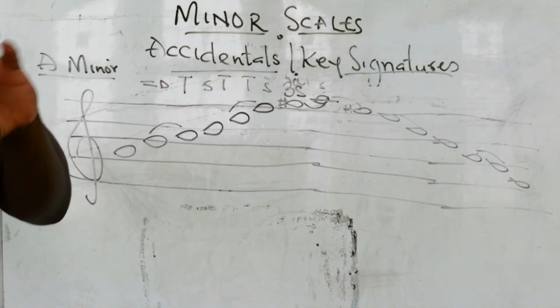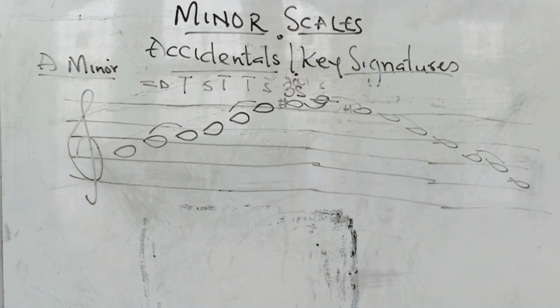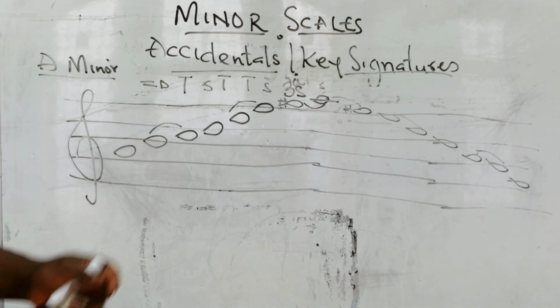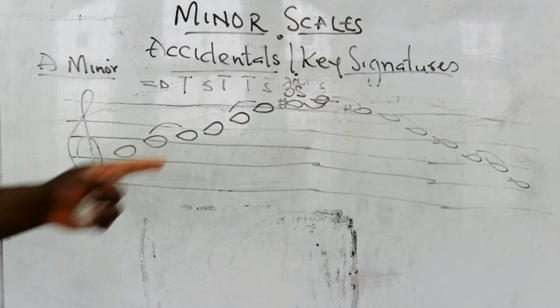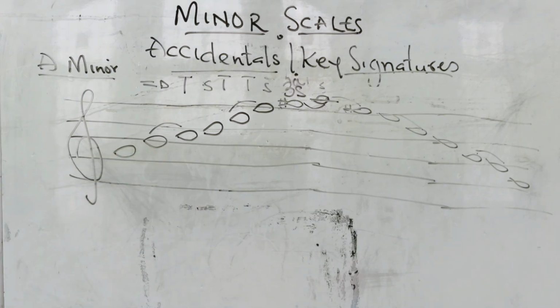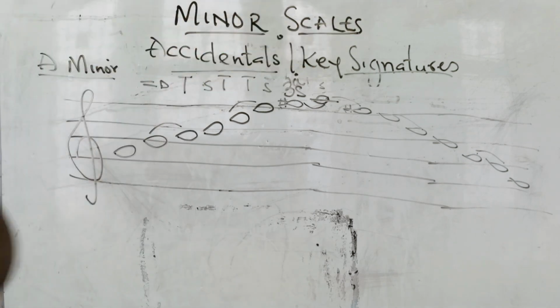if you invert C major and you start C major from the 6th note, because you know it's in the key of C major. If you start C major from the 6th note, which is A, and you just go from A to A, you have A natural minor. When you now add a sharp to the 7th note, it becomes A harmonic minor. So even if you can't remember how to construct this, let me give you another clue.